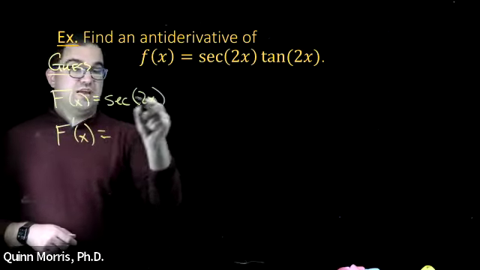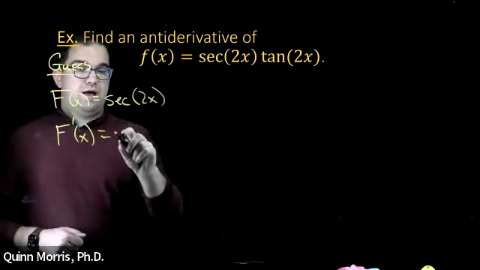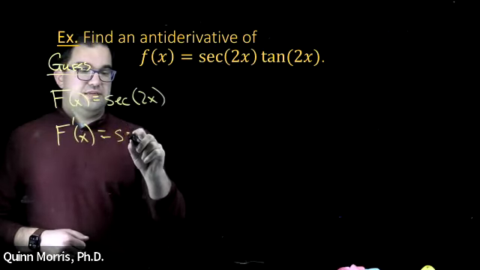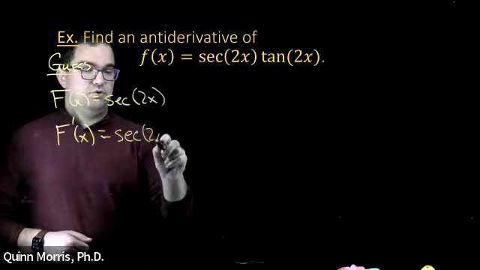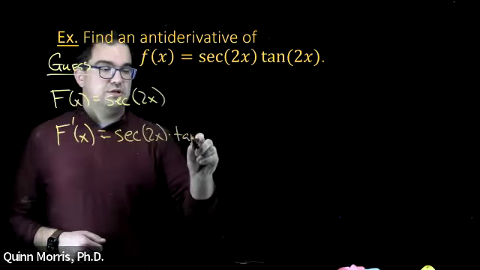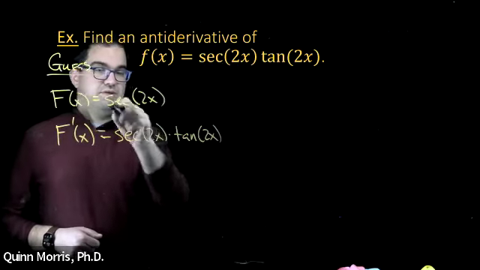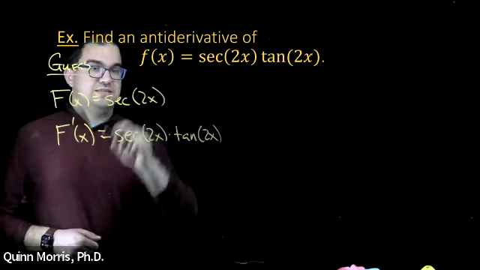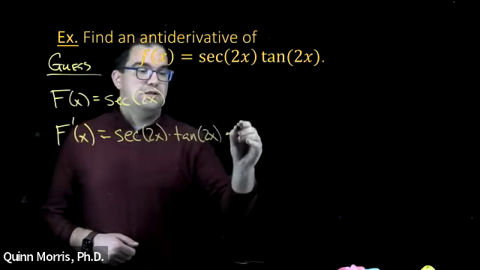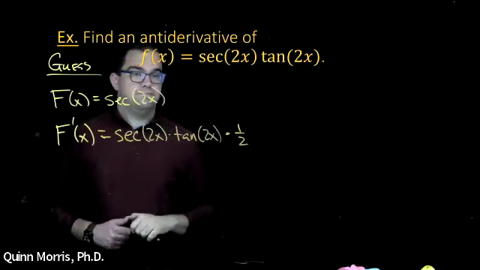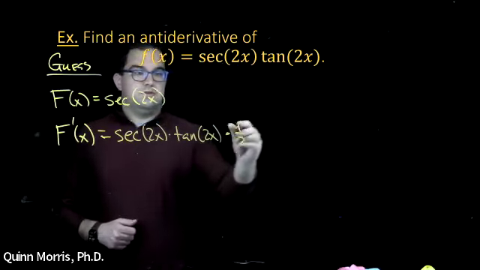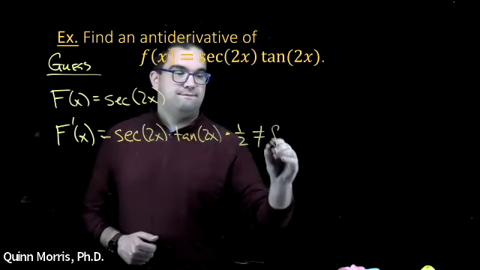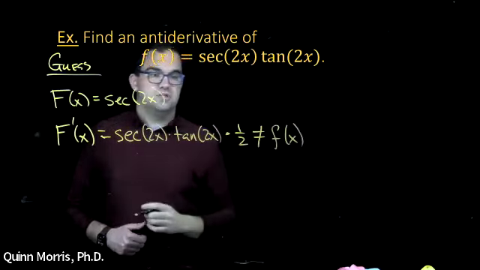I would need to apply the chain rule. And so I would need to say, okay, derivative of secant is secant of 2x times tangent of 2x. So derivative of the secant function evaluated at this inside function. But then I would need to multiply by 2. Now, this is not my function little f.